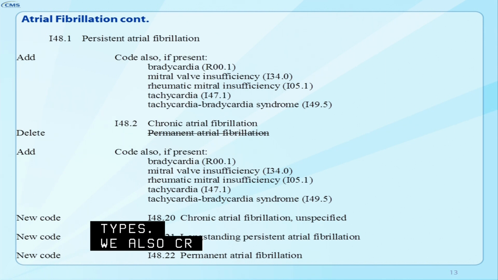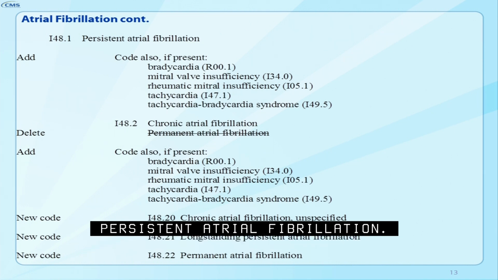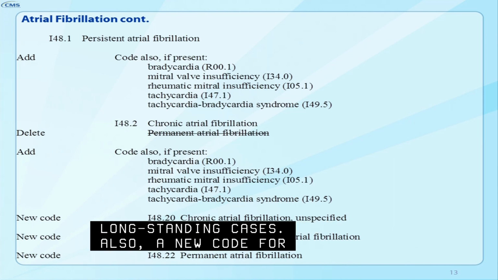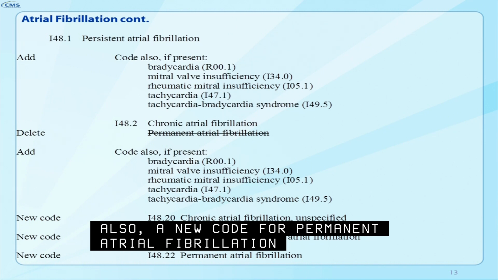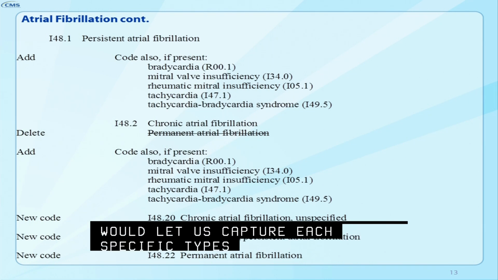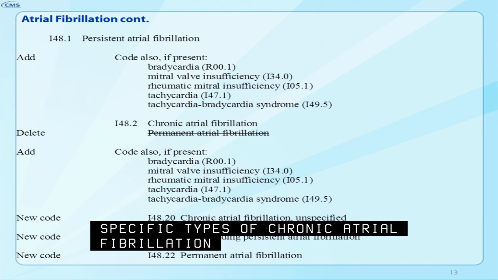That way we would more specifically capture the long-standing persistent cases. And then finally also a new code, I48.22, for permanent atrial fibrillation. So these are a bit more specific, and they would let us capture each of the specific types of chronic atrial fibrillation, or also if it was unspecified as to what type of chronic atrial fibrillation, we would have that also.